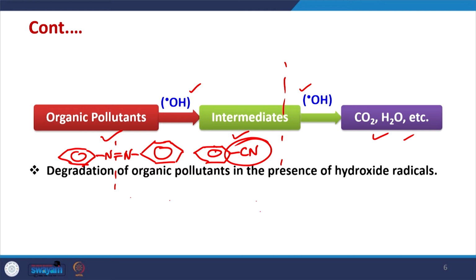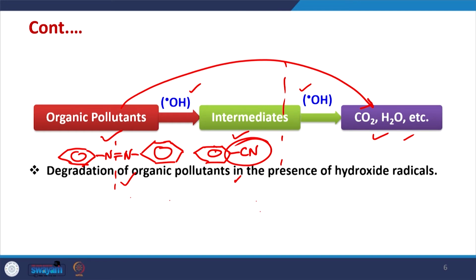So, in the AOP we generally require that complete mineralization of the organic compounds into CO2 and H2O should happen. It should not get stopped halfway, because sometimes the parent organic compound may not be as toxic as the intermediate compound which is formed after partial degradation.